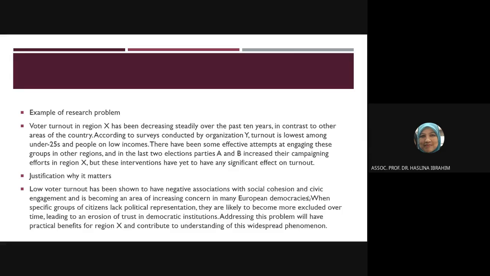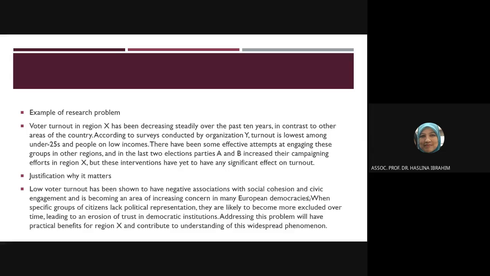And the organization found that in other regions, some initiatives have been done to address the people of 25 years old and low income.